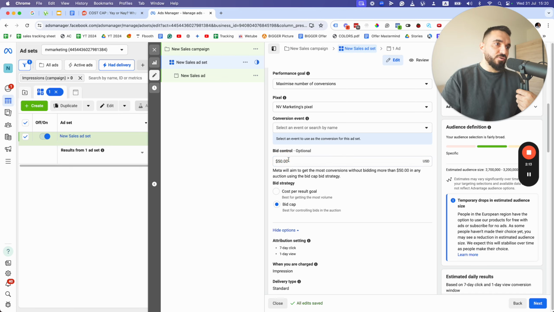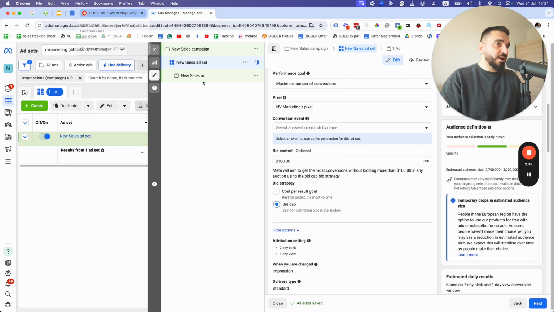So if your goal would be to get a cost per purchase of $50, in some cases I had to get it up to around 100 so I could get Facebook ads to deliver my ads. So you should definitely try both cost cap versus bid cap.